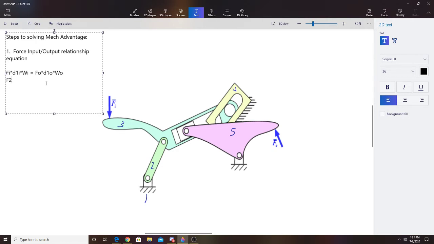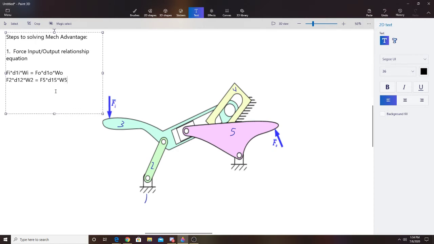I think I'll just do F2, because we always like to call the input 2, times D12 and then omega 2, is equal to F5 D15 times omega 5.